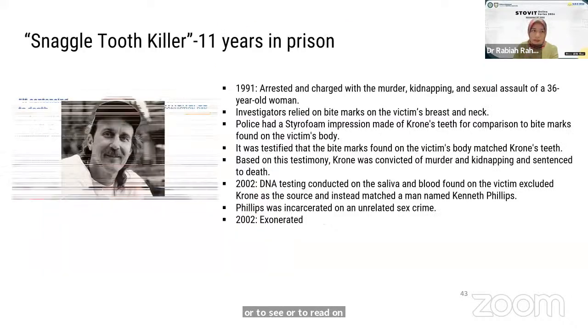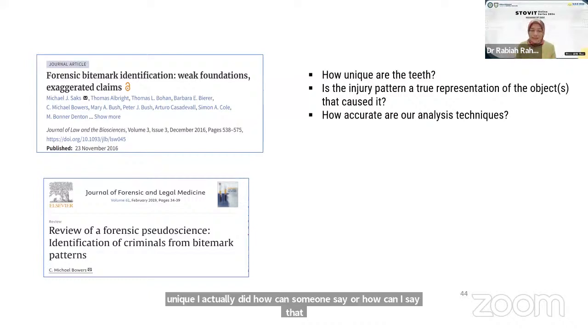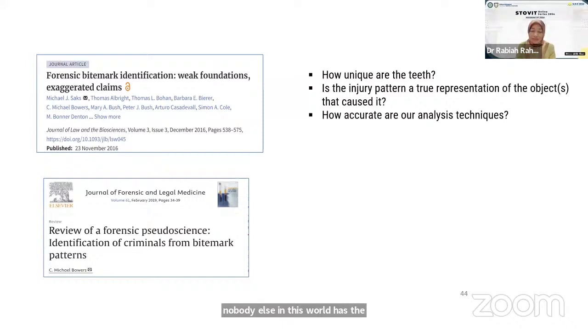The controversy or the issues with bite mark are, how unique are teeth actually? How can I say that nobody else in this world has the same pattern of teeth as mine?